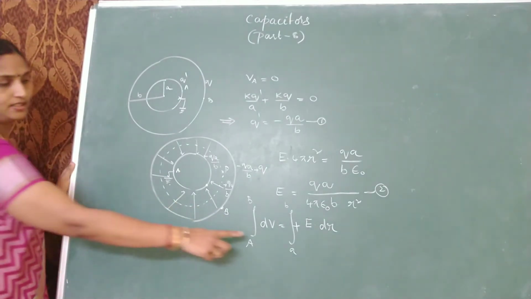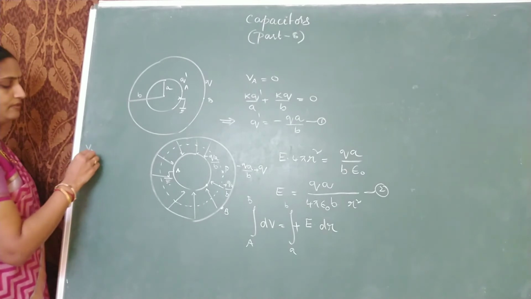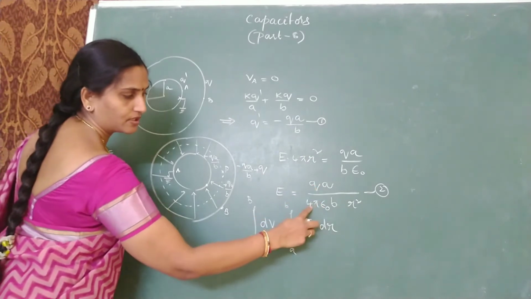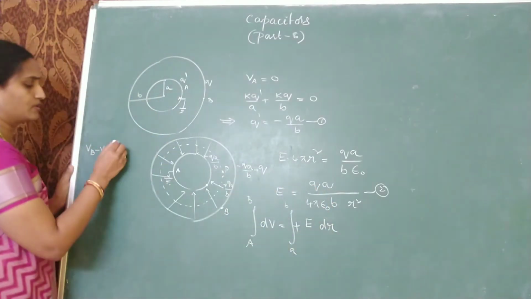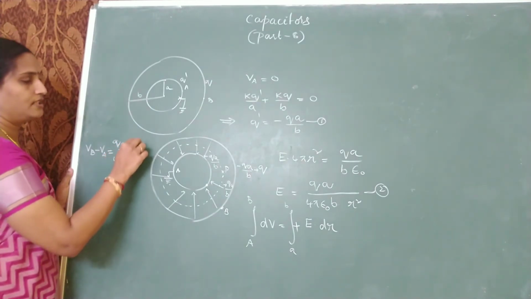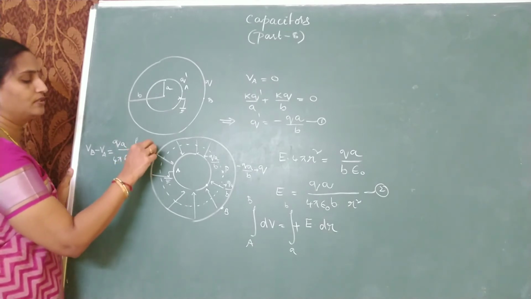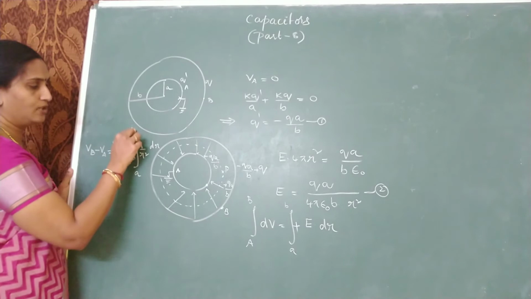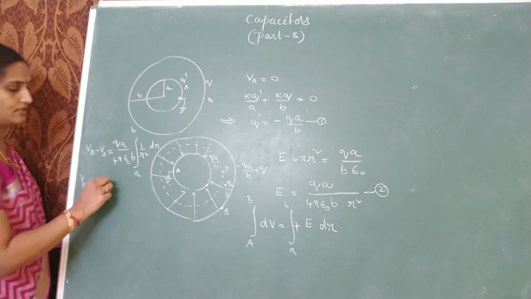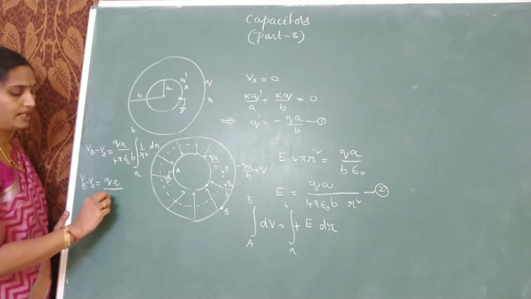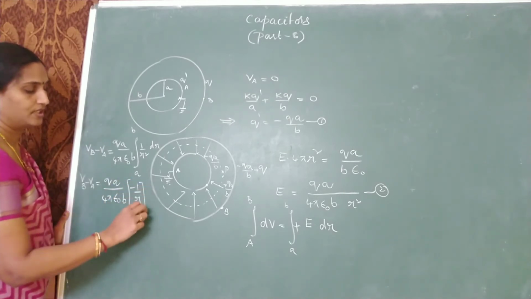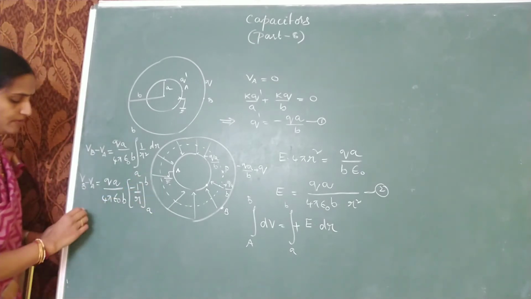Okay, I am continuing here. Integral of dV, VB minus VA equals, remove the constants outside first. Q by 4 pi epsilon naught A and B I will write outside. It's the integral of 1 by r square into dr from A to B. So integrated, VB minus VA is Q into A by 4 pi epsilon naught B, minus 1 by r from A to B. Put the limits.